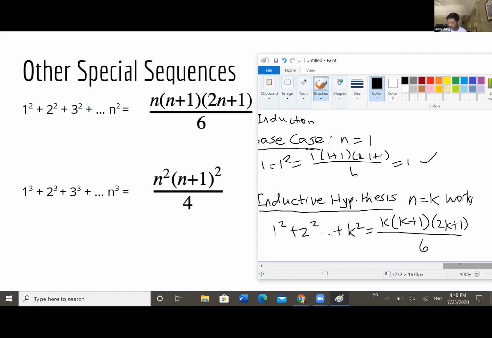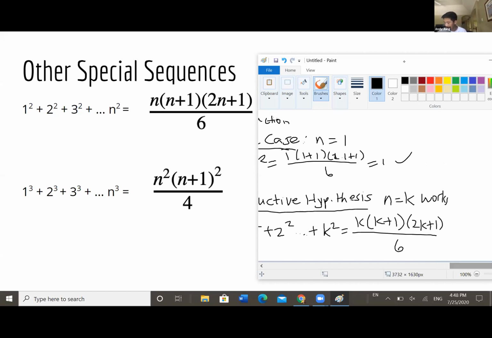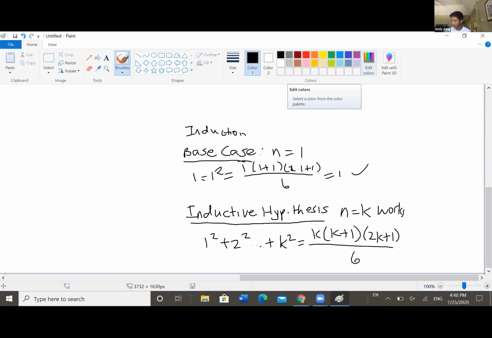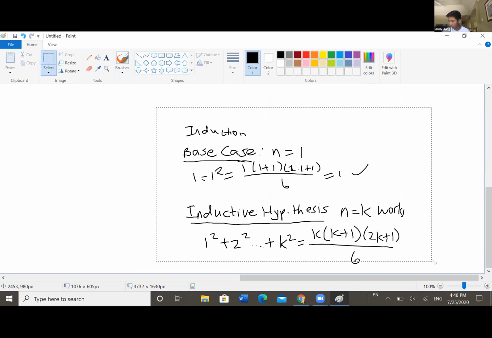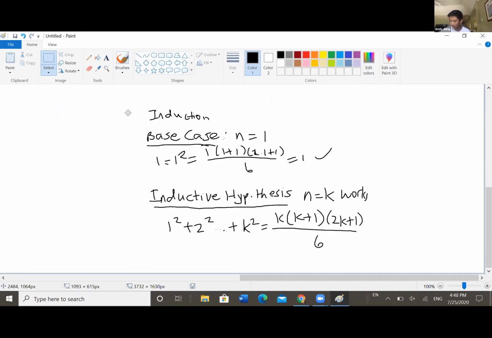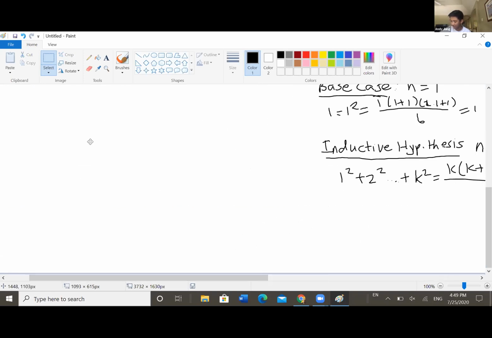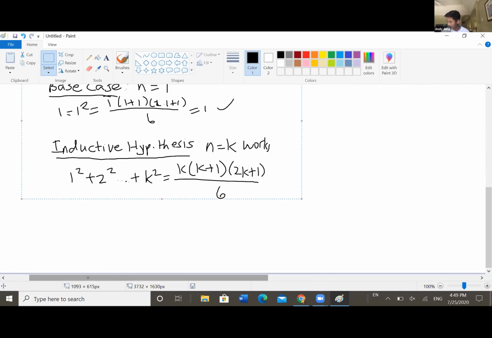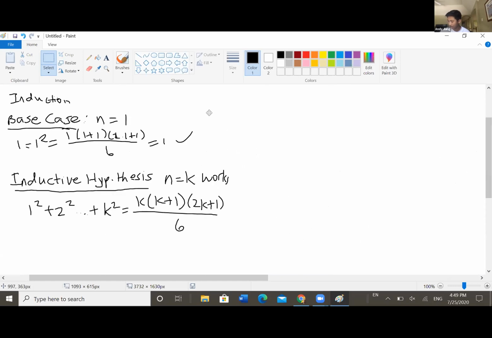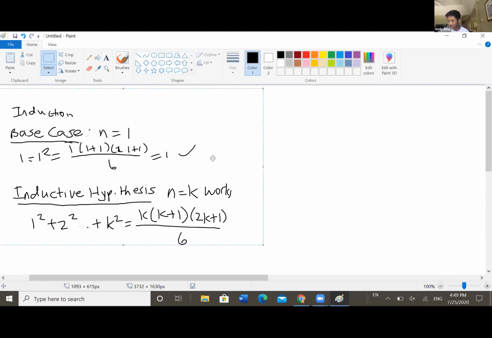Now, what do I want to show? I want to show that when n equals k plus 1, that statement also works.